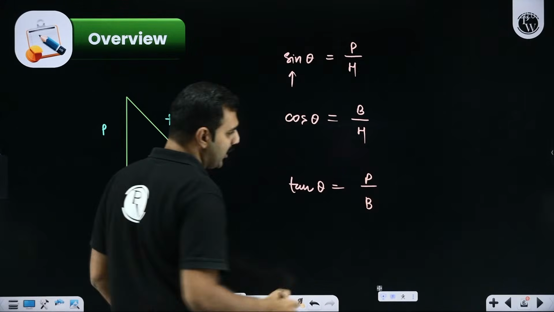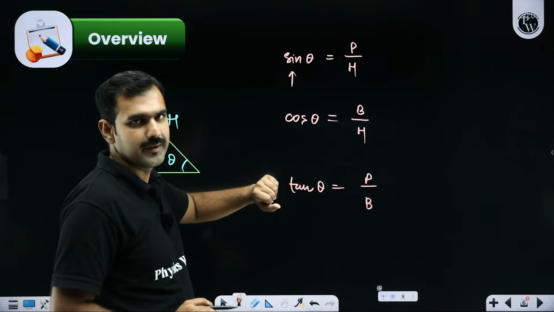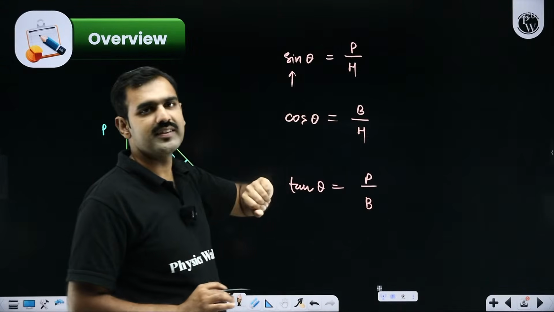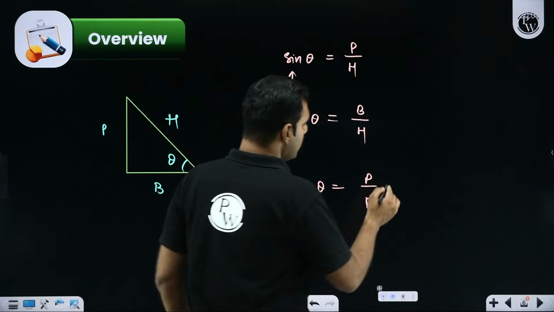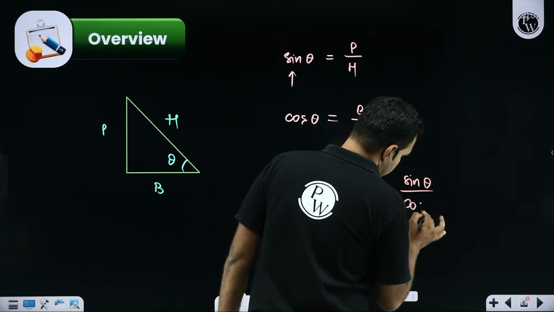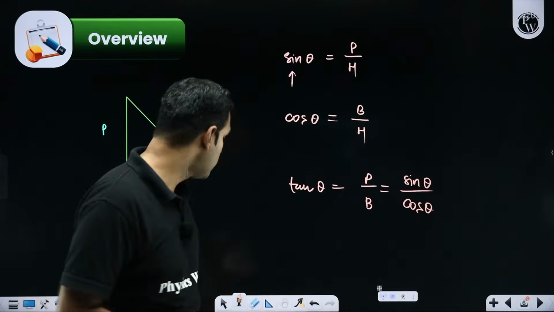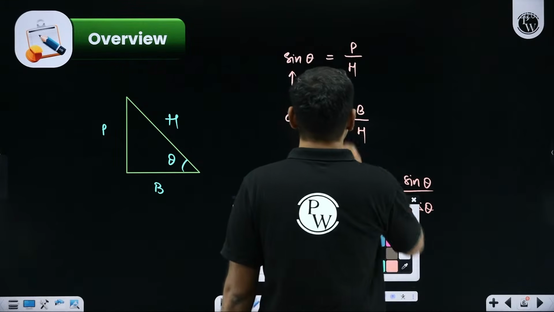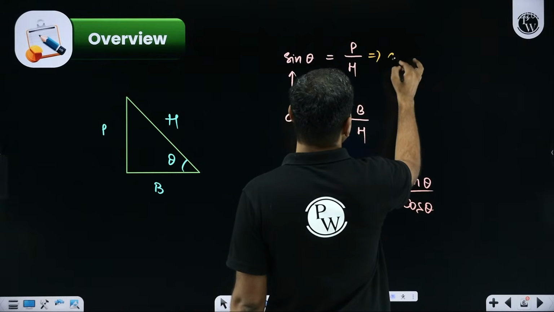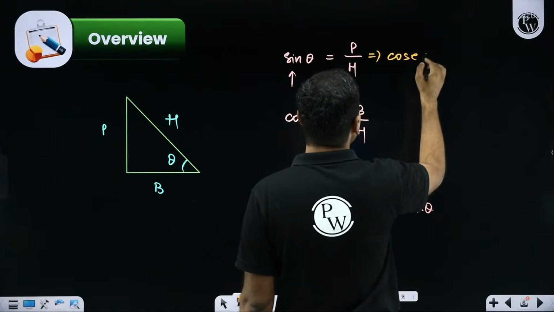I hope everybody is clearly noticing that if you divide sine and cos, hypotenuse gets cancelled and you again get P upon B. So tan theta is actually sine theta upon cos theta as well. Not just that, there are reciprocals as well. If you have sine theta, its reciprocal is cosec.